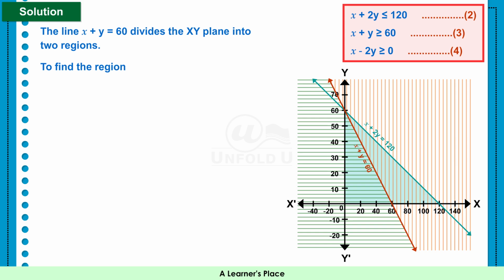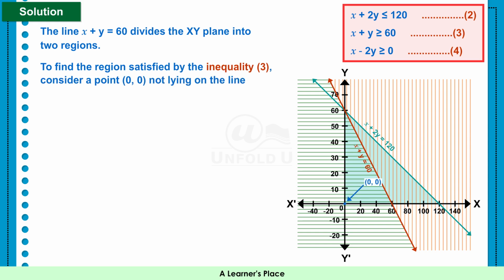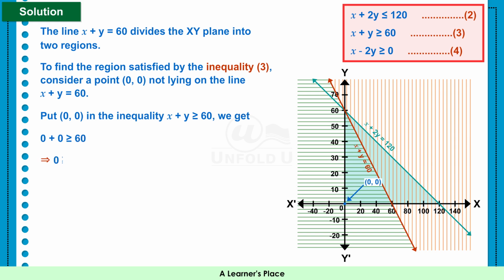To find the region satisfied by the inequality 3, consider a point (0, 0) not lying on the line x plus y is equal to 60 and put (0, 0) in the inequality x plus y greater than or equal to 60. We get 0 plus 0 is greater than or equal to 60, which implies 0 is greater than or equal to 60, which is not true, as 0 is less than 60.